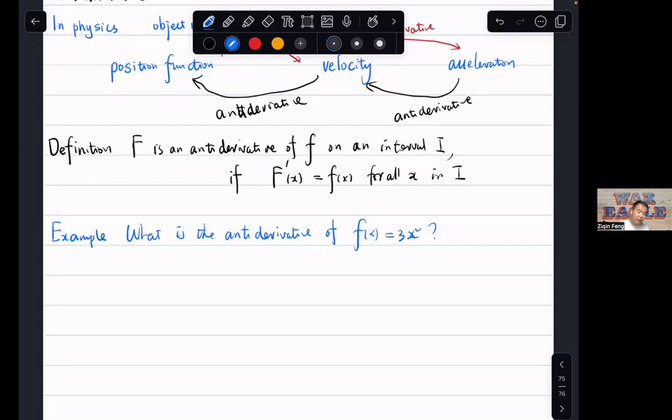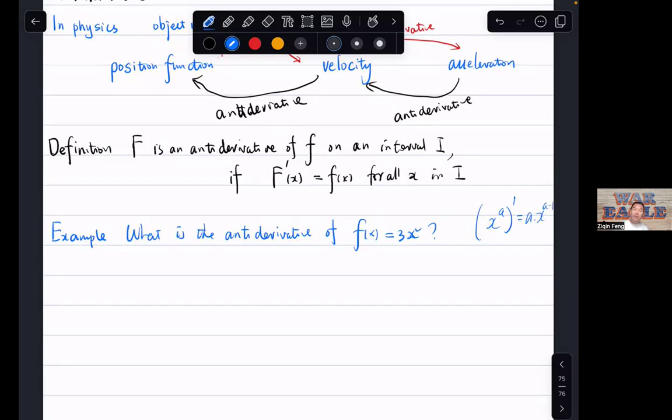We know that if you have a power function, x to the a, its derivative is a times x to the a minus 1. So the function involved should be x cubed, because taking the derivative, you bring the 3 down and get 2.